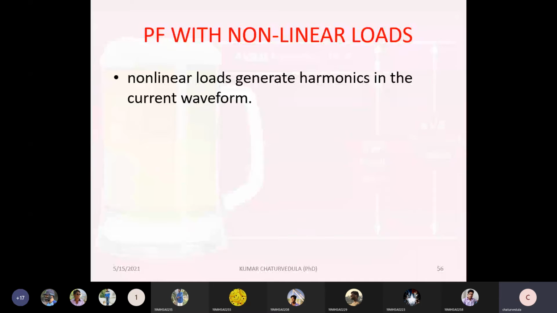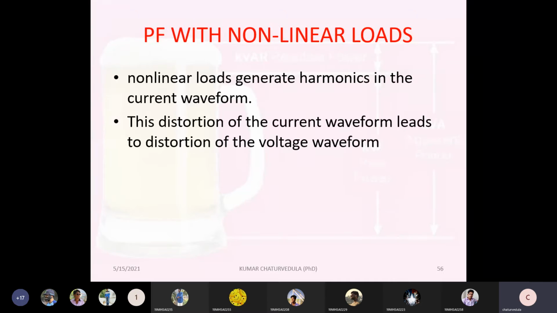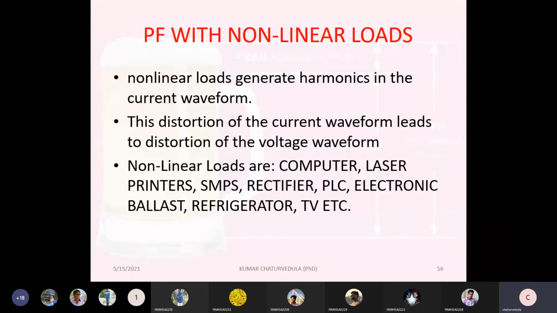Now, in the case of non-linear loads, generation of harmonics takes place: third harmonic, fifth harmonic, seventh harmonic. Because of the harmonics there will be distortion in the current waveform as well as the voltage waveform. The voltage and current waveforms are basically sinusoidal in nature, so they get distorted by the presence of harmonics.